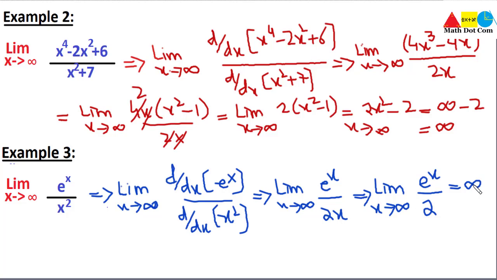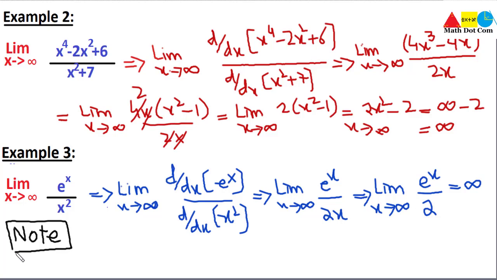Now one thing that is very important to be noted here is that it is not necessary to apply the L'Hopital's rule at every function in which you get 0 in the denominator or infinity in the denominator. Sometimes you can solve the function by using different identities, and then you can evaluate the limit without using the L'Hopital's rule.